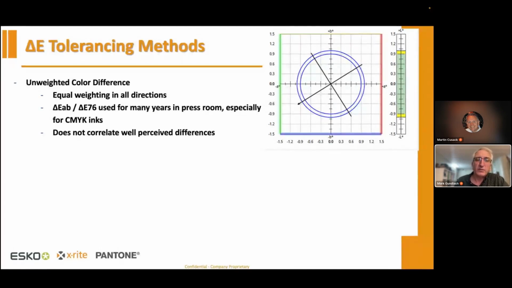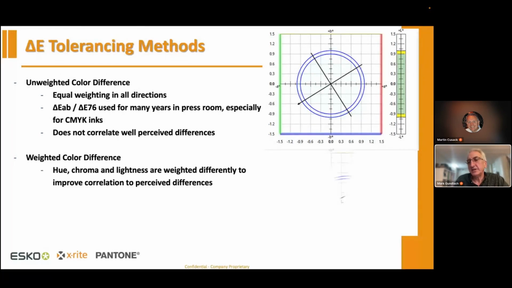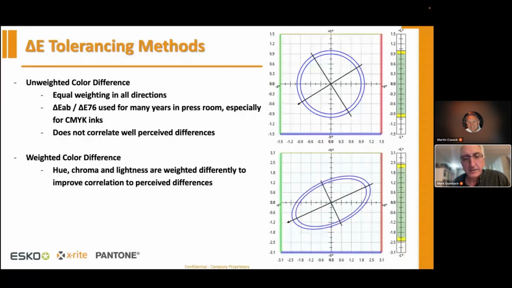However, it doesn't correlate real well with how we perceive color differences. We do perceive colors in kind of a non-uniform way. We're a little more sensitive to changes in the color or hue angle than we are sensitive to, say, the saturation or the lightness of that color. So consequently, we create this ellipsoid shape around that target color, and that becomes our tolerance.